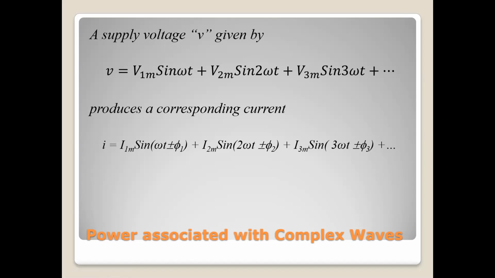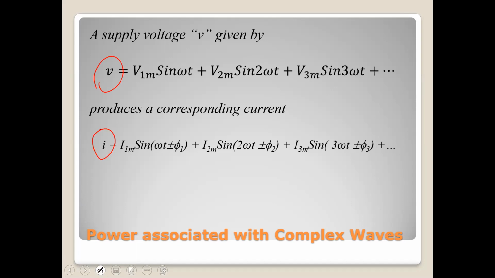So if we have a supply voltage V, and as we would have indicated in the last lecture, the lowercase v indicating that we're dealing with a voltage at a point in time, instantaneous voltage, and the lowercase i, instantaneous current. All right, so we have a voltage v given by V1m sine omega t through to V3m sine 3 omega t, and so on.